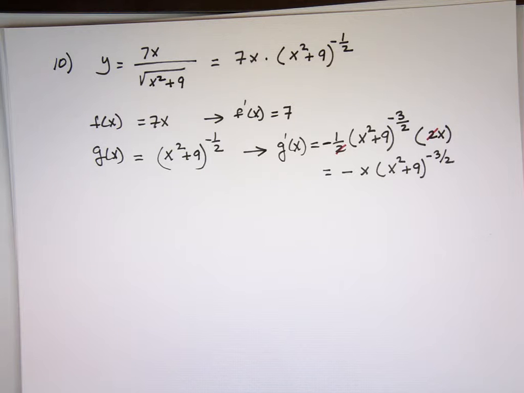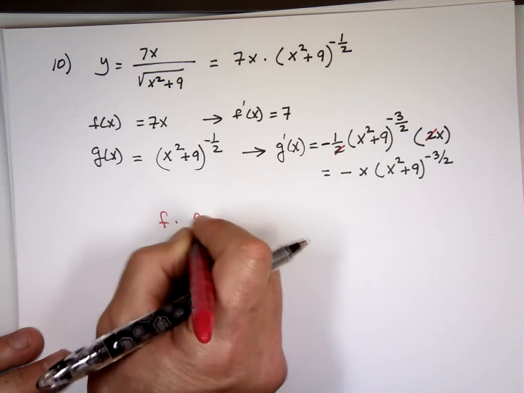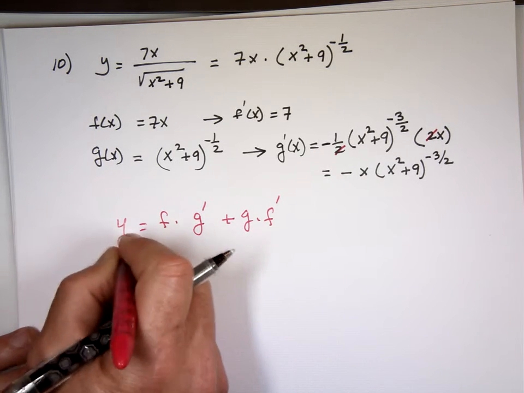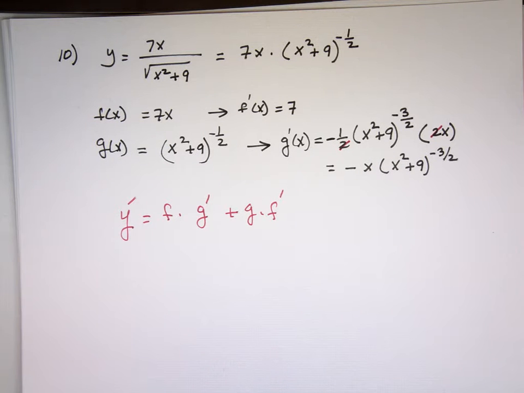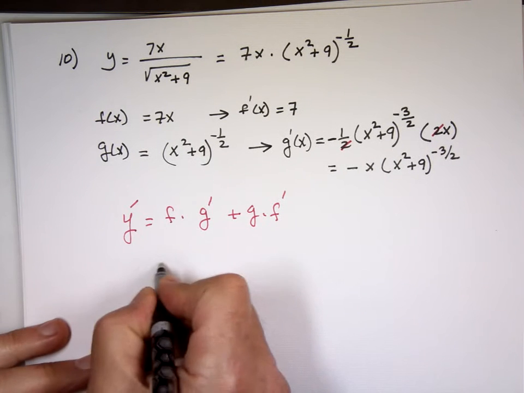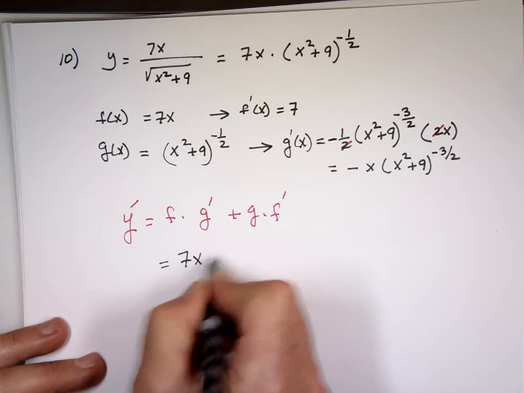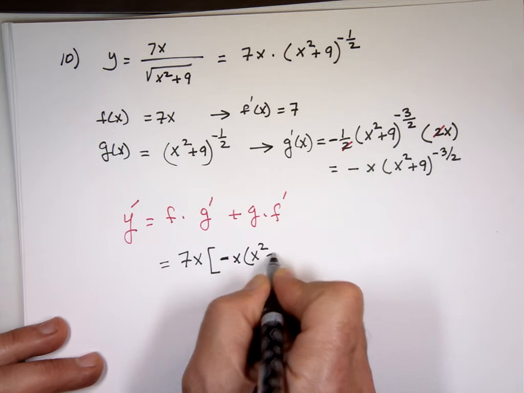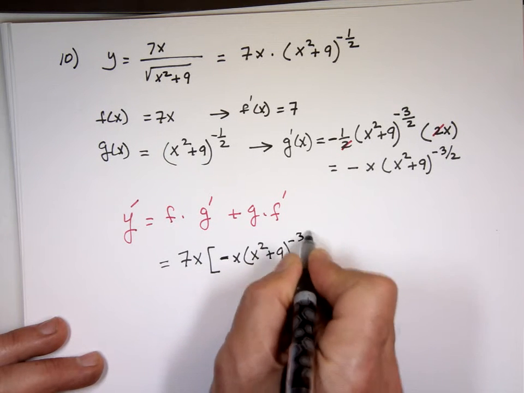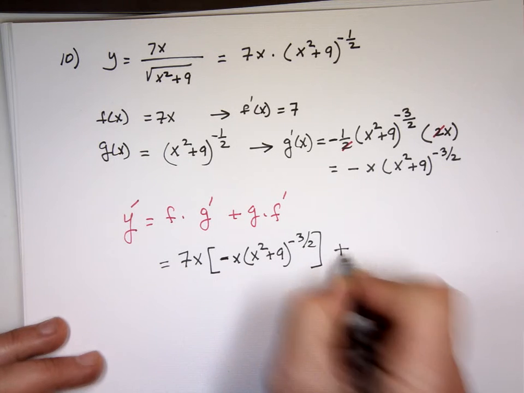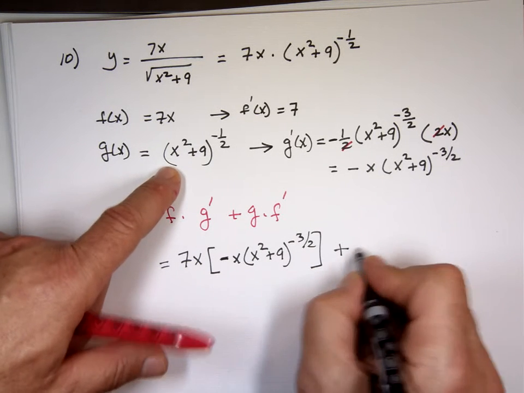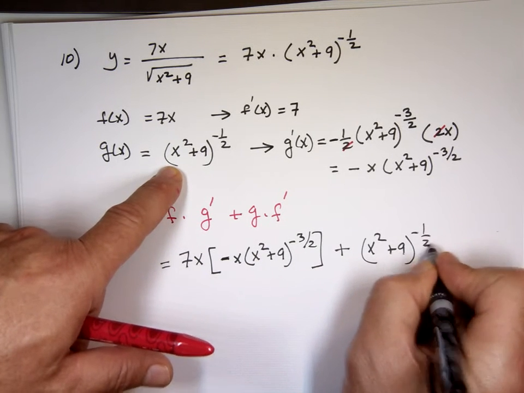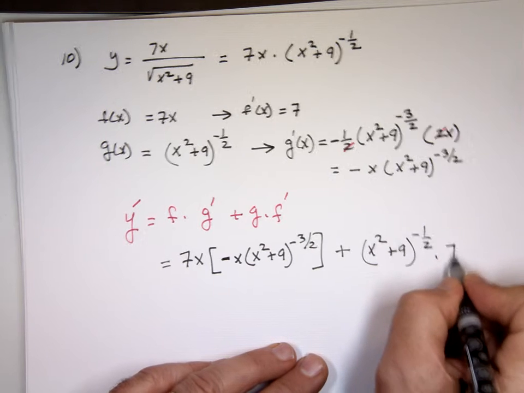Again, the product rule says what? f times g prime plus g times f prime. That's what the derivative is. f is 7x, g prime is negative x times x squared plus 9 to the negative 3/2, plus g, that's this one, times f prime, which is 7.